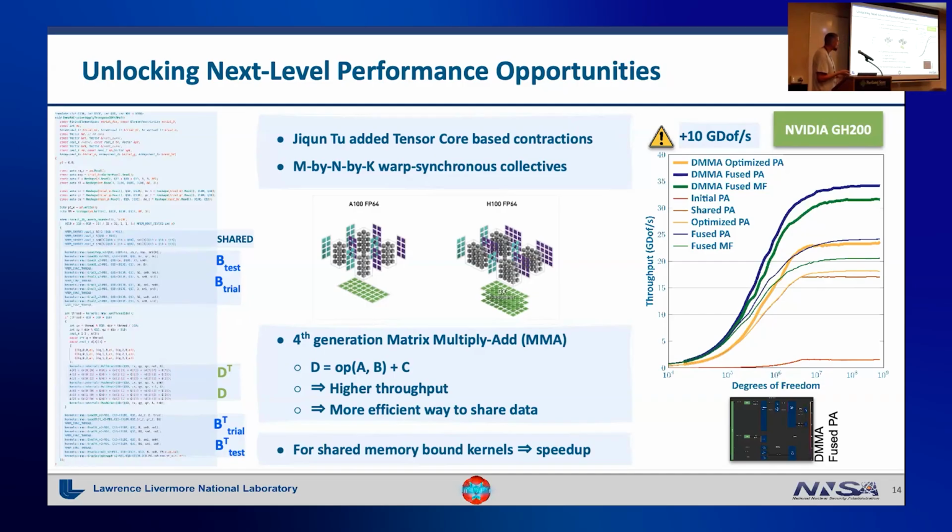This 4th generation of DMMA instructions definitely helped. It is a 1.5x speedup compared to where we were at best with the fused PA, here in the thin blue line. Here again, I had to adjust the y-axis. It really gives a big speedup of plus 10 gigadofs.